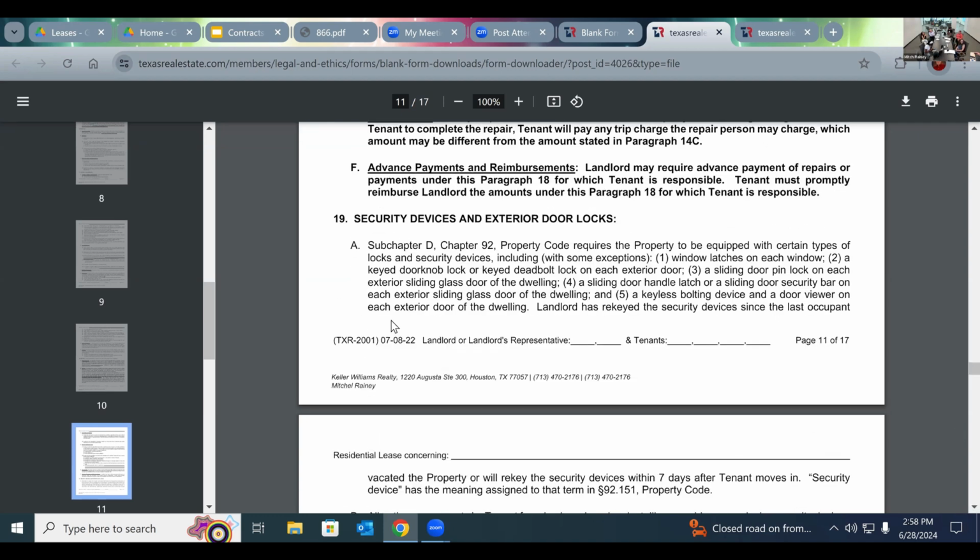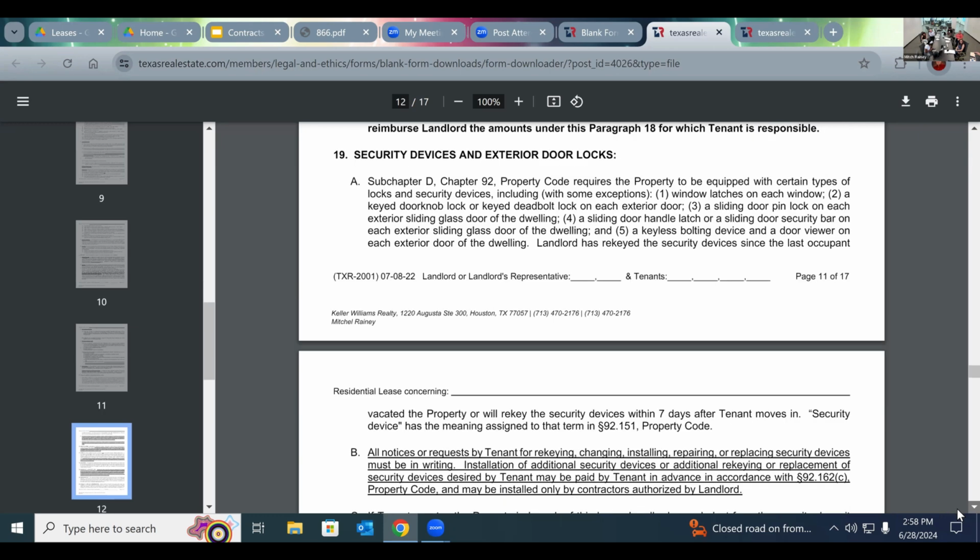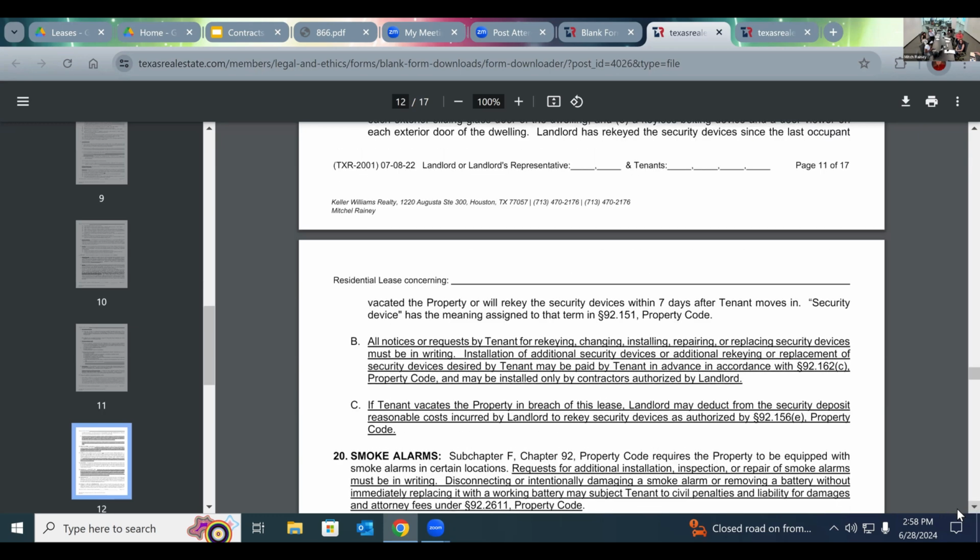This talks about the security devices, which we covered in the property code. All notice requests to the tenant for rekeying, changing or installing. If the tenant vacates the property in breach of this lease, the landlord may deduct from the security deposit.